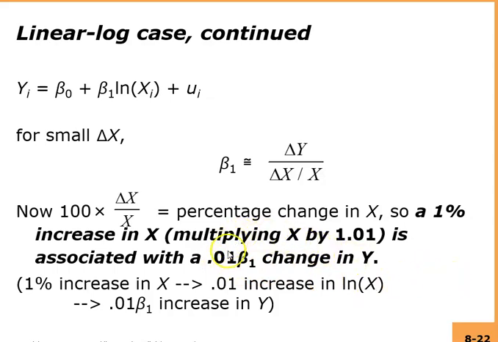Remember that the change in y is not in terms of percentage over here, only the change in x is in terms of percentage. So a 1% increase in x, meaning a change in x by 0.01, increases ln x, which gives us a change of 0.01 beta 1 increase in y.